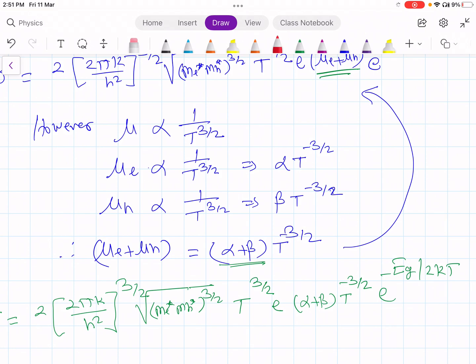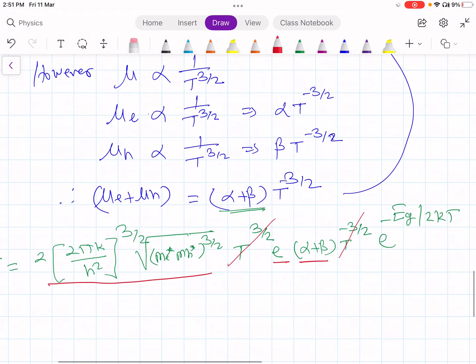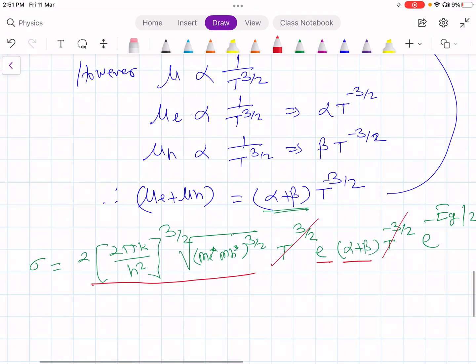So in this equation, this T cancels with this T. This is constant, this is constant, this term is also constant. So we can write sigma equals sigma naught e raised to minus Eg upon twice kT.